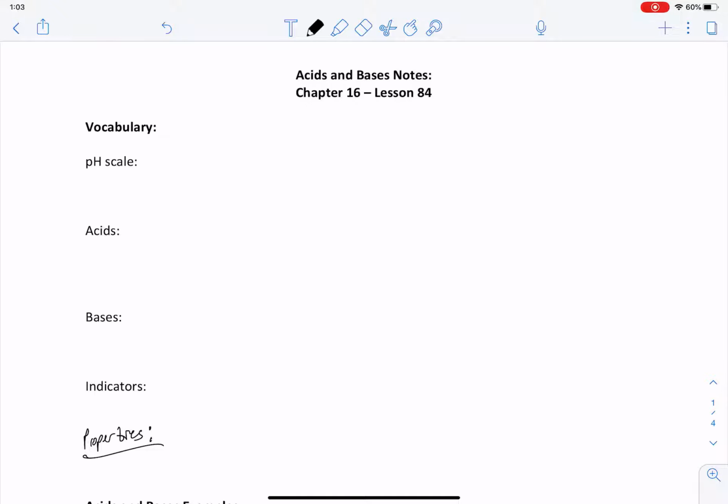We're going to start by looking at some vocab we'll see a lot throughout this chapter and throughout the rest of the year, really. To start, we're going to look at the pH scale. The pH scale is just the number line that assigns number values from 0 to 14.